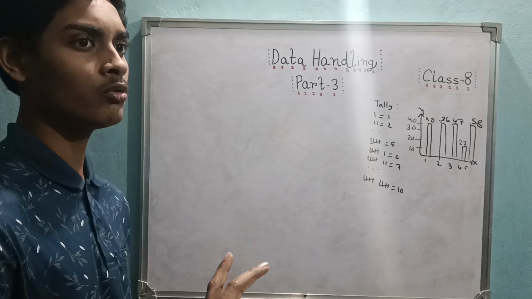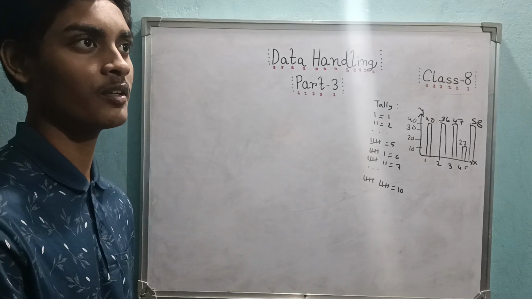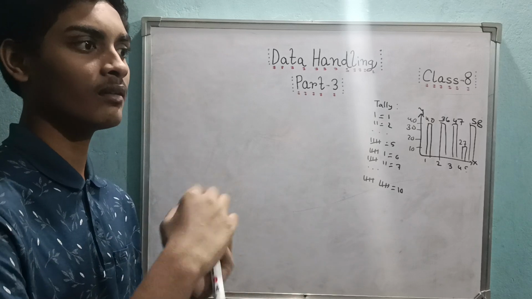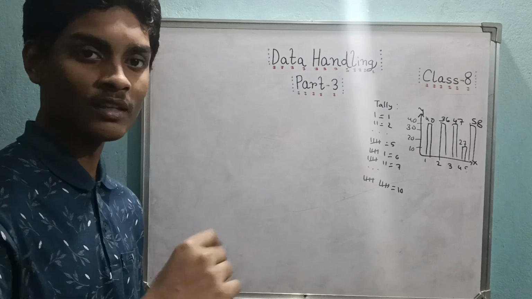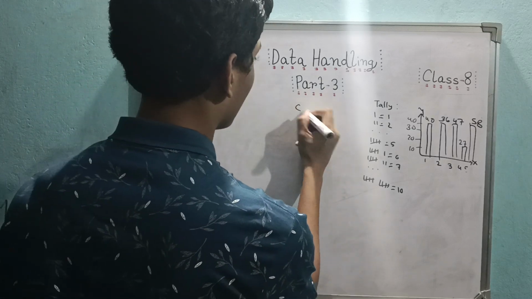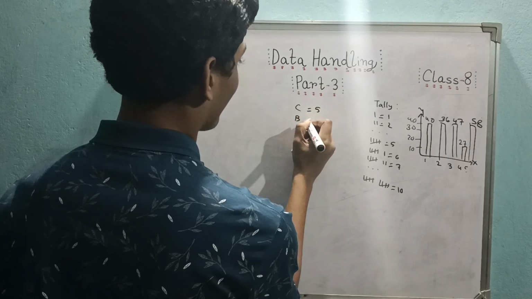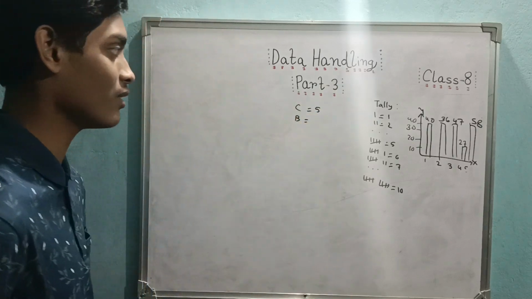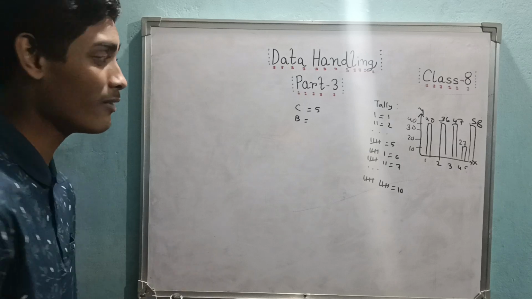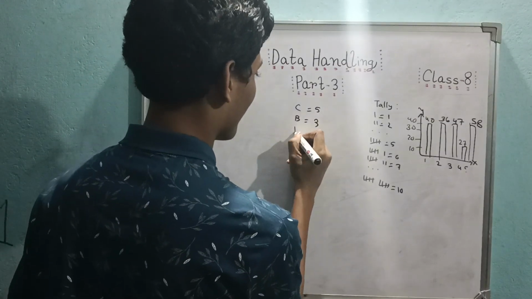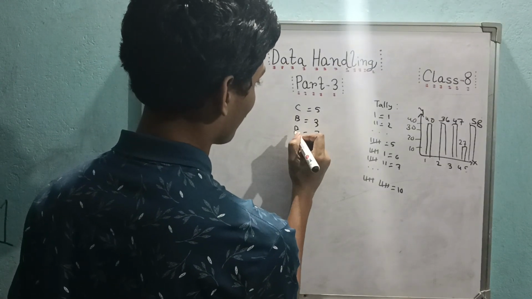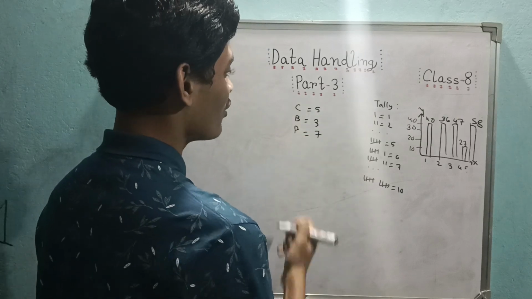Suppose two of us, I and someone else, participated, and I ate each of the things. Suppose cake I had 5 times. Okay, don't consider real life example, I am just trying to make you understand. Burger 3 times, pizza 7 times. Suppose I like it, that's why I wrote it more.